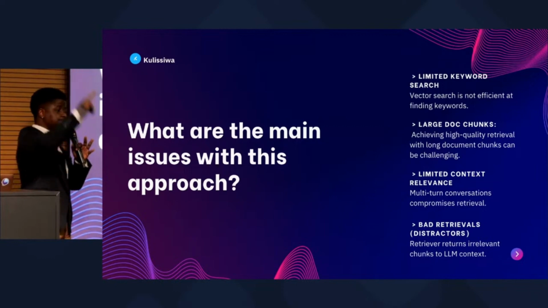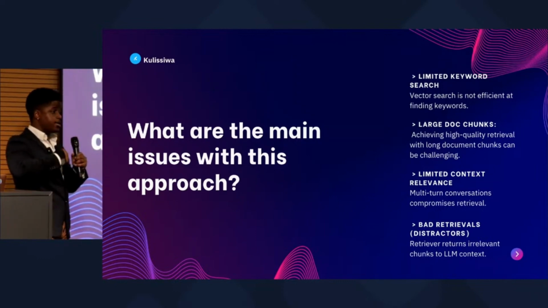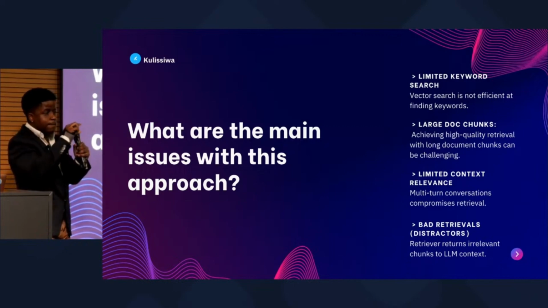I was embedding an entire page, and I noticed that there was this particular question. The answer is there. I know where the answer is because I read the document, but the answer is in the middle, and there's no way you can find similarity because the answer is in the middle of the sentence.